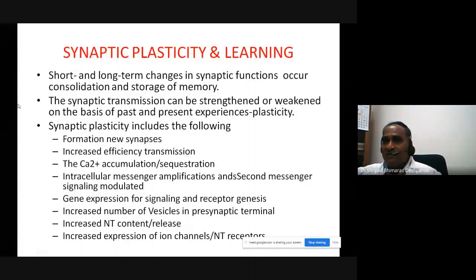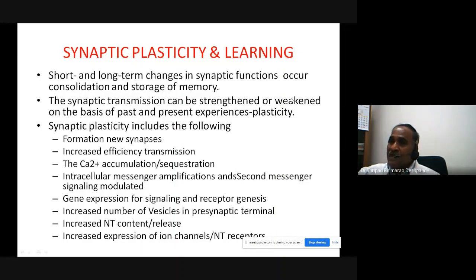Now what happens? There are short-term and long-term changes in the synaptic functions associated with memory, especially in terms of storage and consolidation. That means encoding, consolidation, and storage require synaptic plasticity. What is this synaptic plasticity? The synaptic transmission is strengthened, it becomes powerful, it becomes sensitized.